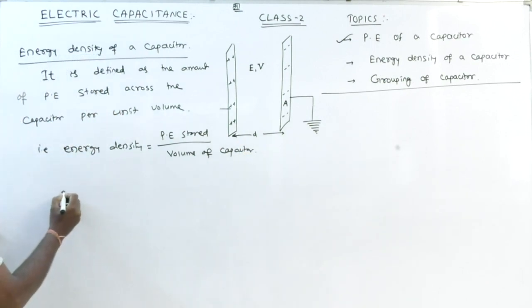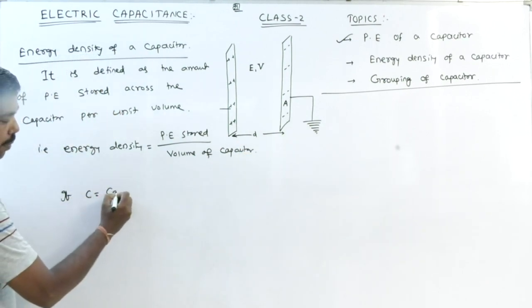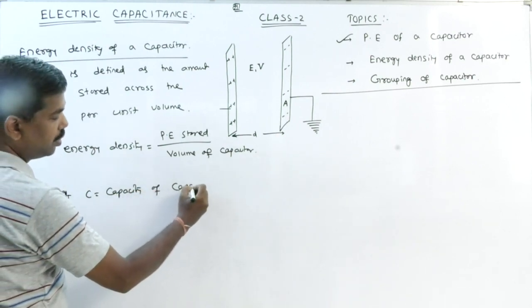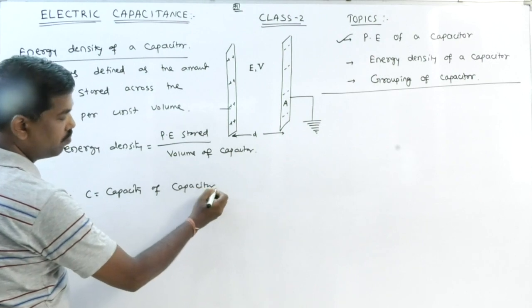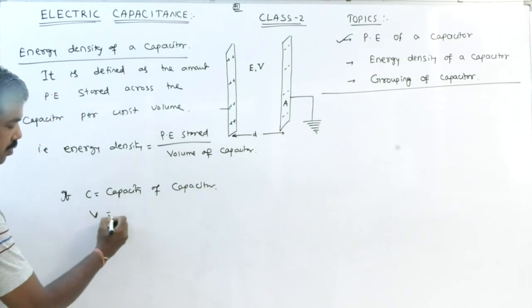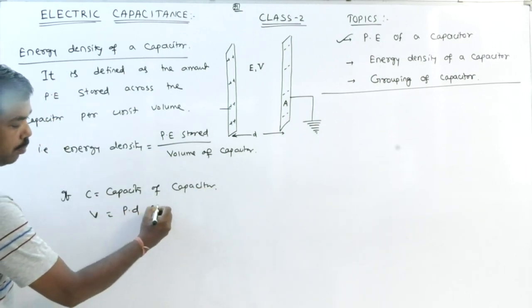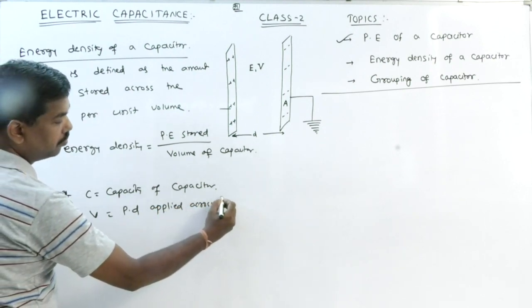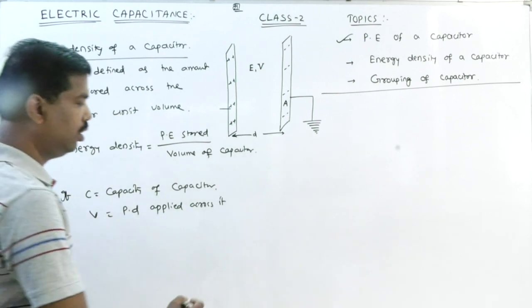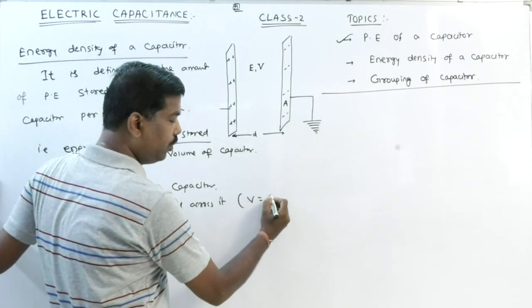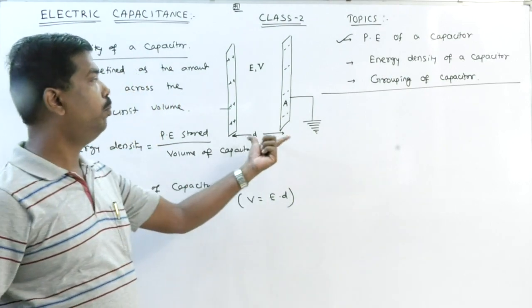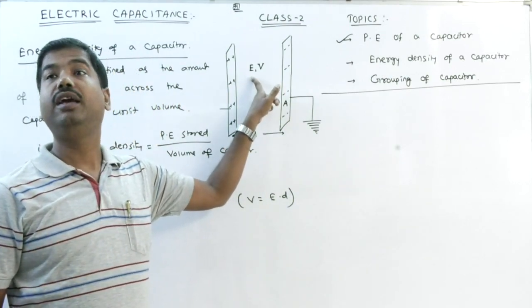Okay. If C is the capacity of the capacitor, and V is the potential difference applied across it, which is V equal to E into D, where D is the separation between the two parallel plates and E is the applied electric field.